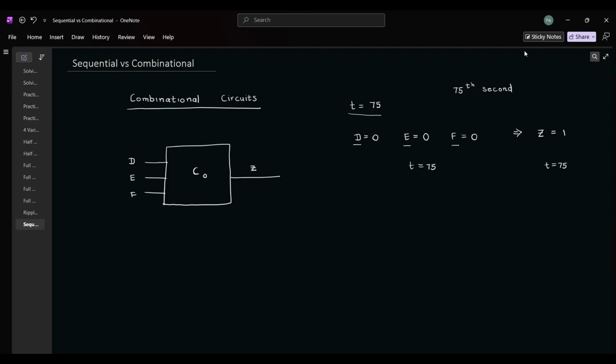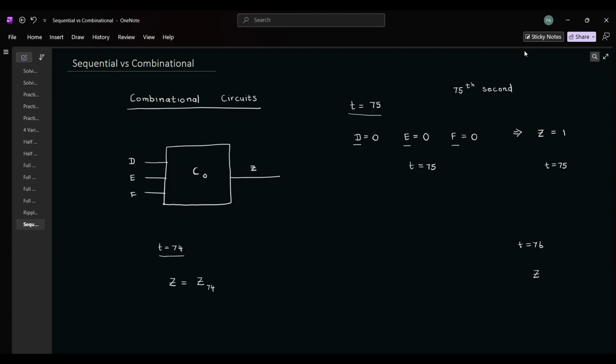At T equals 74, there would have been different inputs and a different output. And at T equals 76, the inputs and the output can differ. At T74, Z could have been anything, so let's name it Z74.